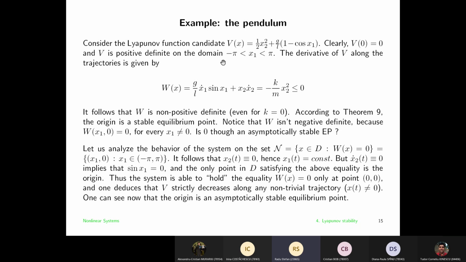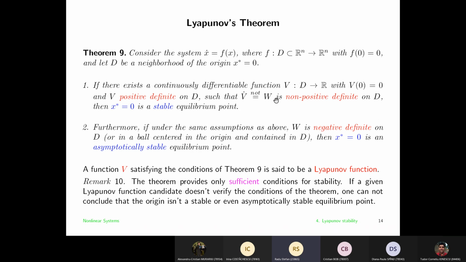And we take a strip around the origin, minus pi, where we compute the derivatives along the trajectories. A very, very important part of the theorem is that we have to prove this non-positive definiteness or negative definiteness on a neighborhood of the origin.